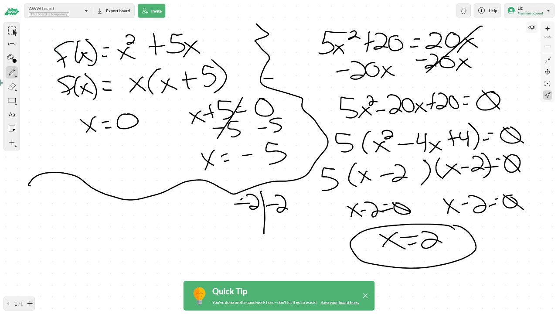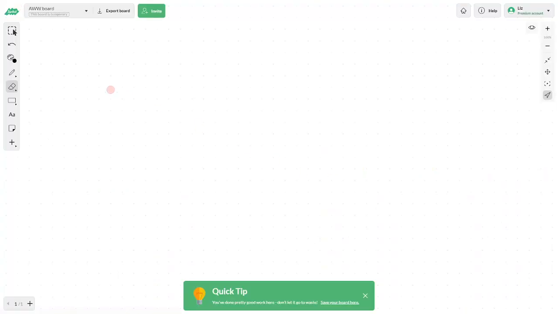Let's look at one more example here. This is kind of like what you were doing on the worksheet, the solving by square roots.